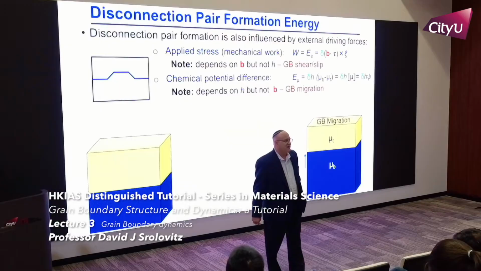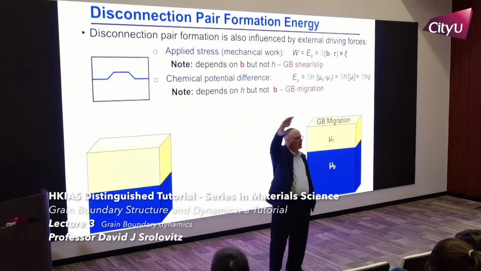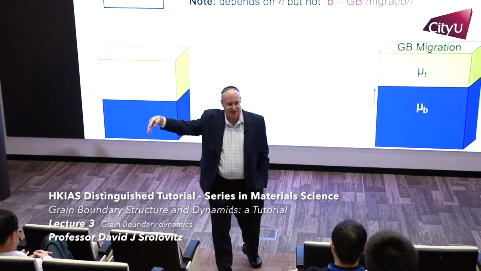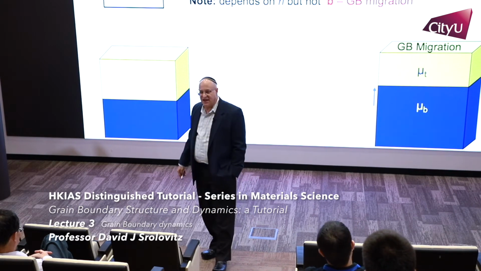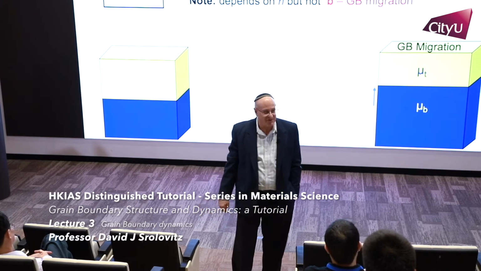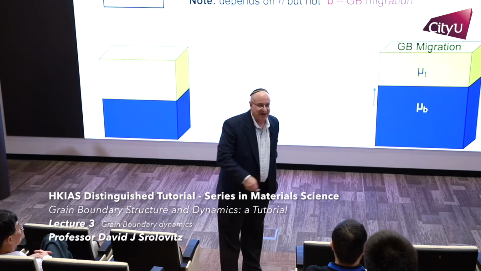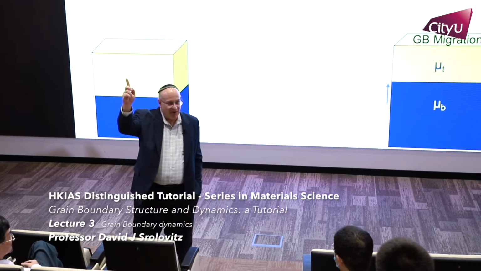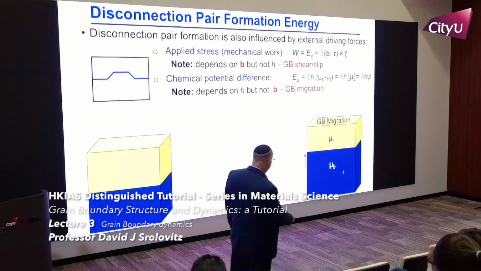It could be, for example, if the grain boundary was curved, then there's the curvature energy, which is the grain boundary energy times the mean curvature. Or if this material had a dipole moment and I applied, say, an electric field, and this one, the dipole moment is pointing up, and this one is pointing that way, then it would be the dipole moment times the field H or B or E or whatever you call it.